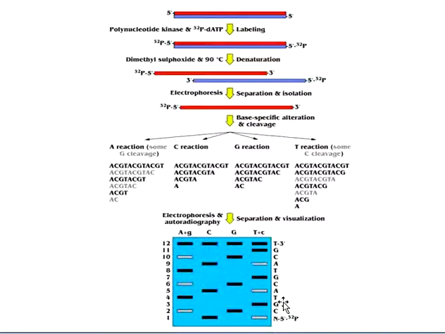Then we determine the next band and its position. Here the next band is present in the reaction mixture specific to T plus C cleavage, and there is no corresponding band in the C reaction tube. So the next nucleotide in the DNA template is a T nucleotide.